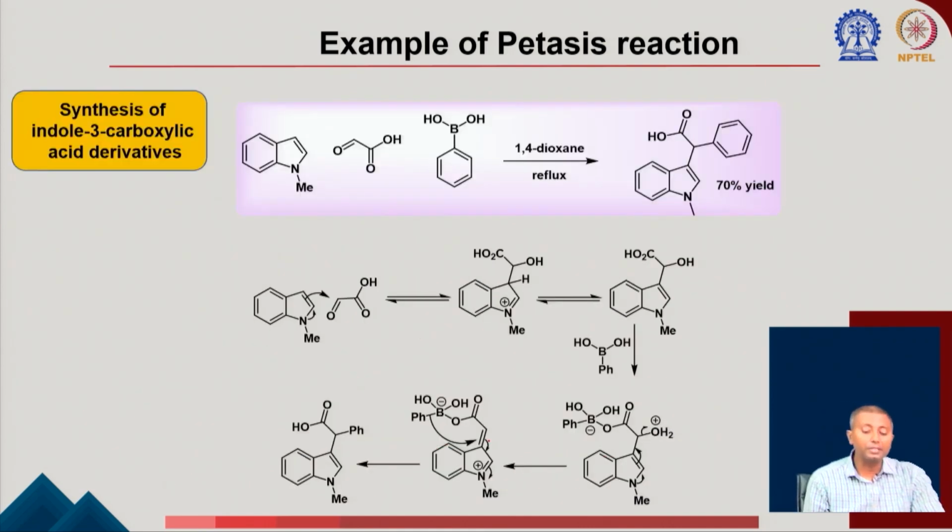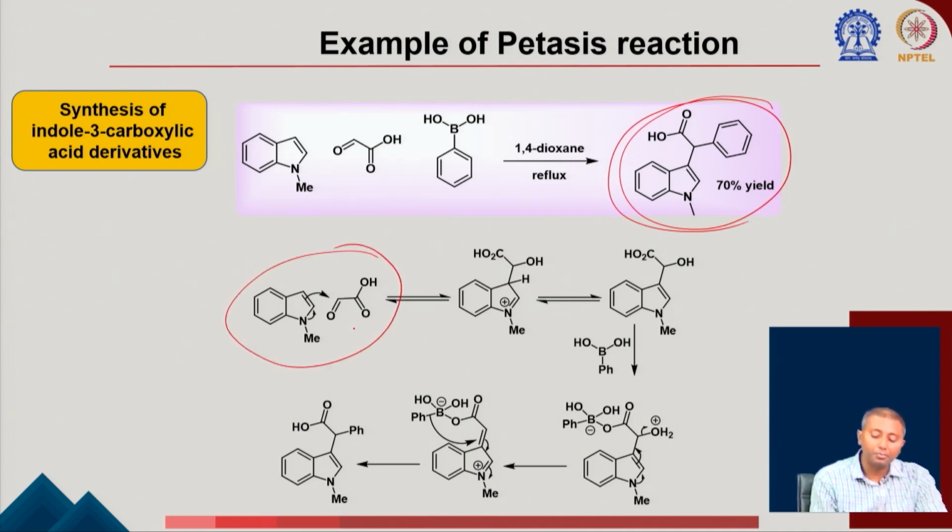Then here you can see an example of the synthesis of indole 3 carboxylic acid derivatives by using the Petasis reaction. Here, this carbonyl is very much activated because it is next to a carboxylic acid group which is pulling electron density.